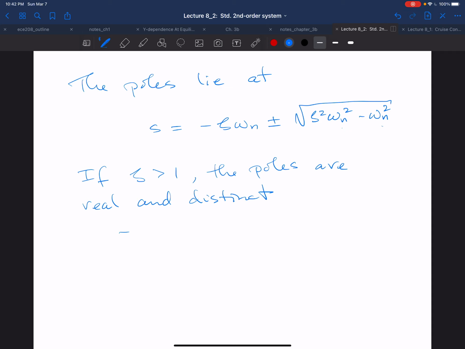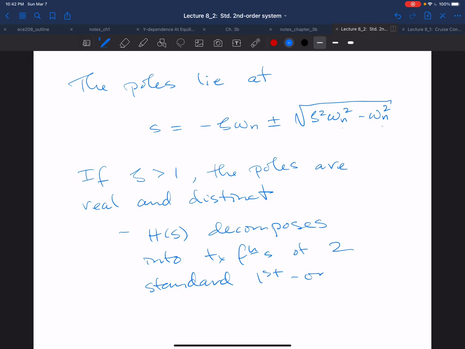So in fact, we can do a partial fractions decomposition of the transfer function itself and decompose it into the transfer functions of two standard first order systems.